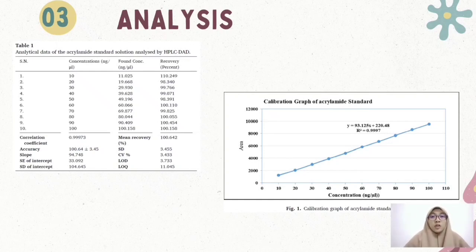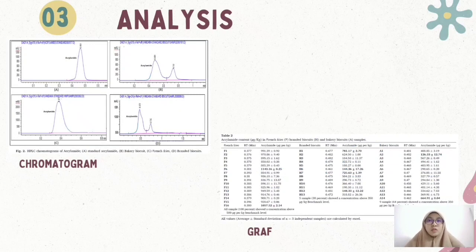It shows the linear calibration curve of the concentration levels, and the peak area is correlated to the acrylamide concentration. Linear, which is the slope is at 93.13. The graph of the concentration is proportional to the area. Figure 2 shows the HPLC chromatogram peak of acrylamide standard and sample.